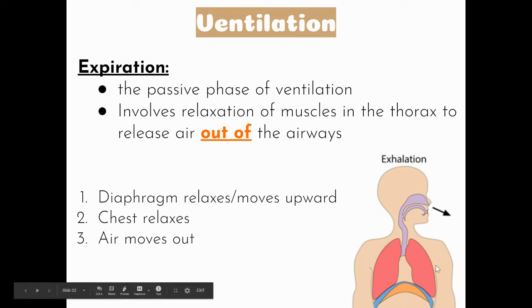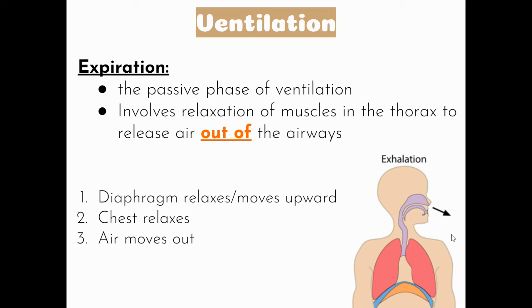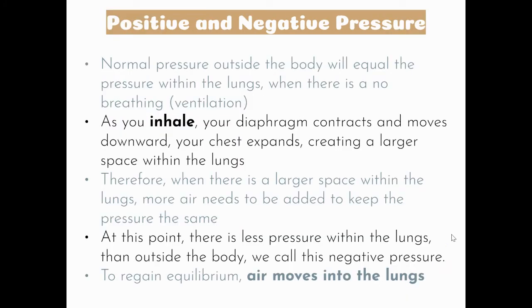The chest decreases in size, causing positive pressure inside and negative pressure outside, so air rushes out until the pressures equal out and the exhalation stops. This is how we remove unwanted air from our chest.